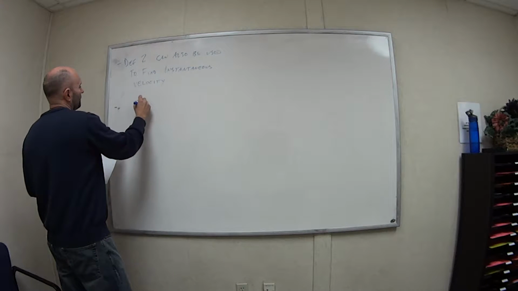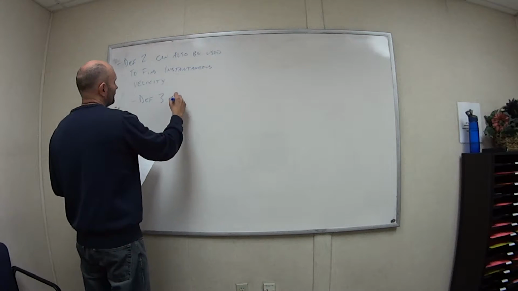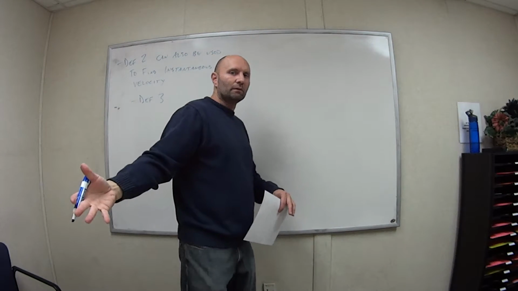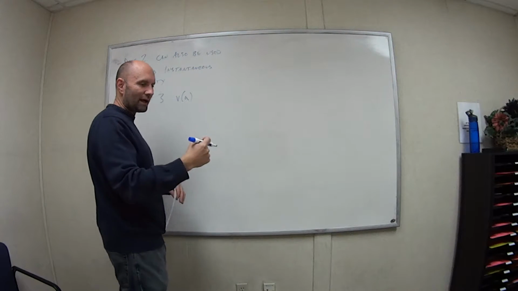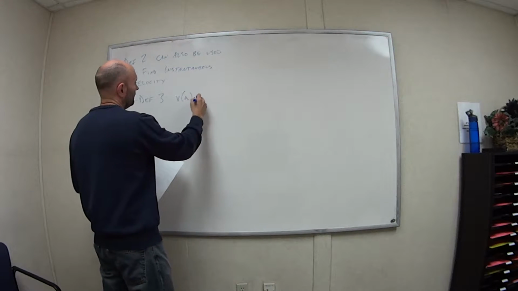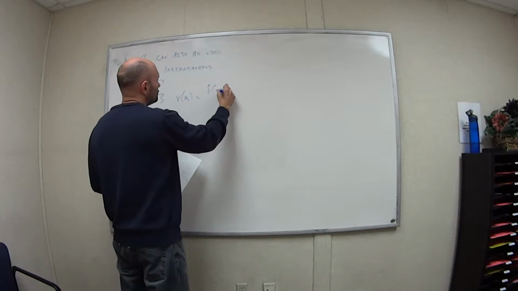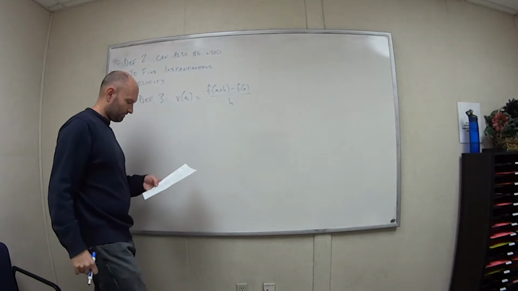And so this gives us definition 3. And it's basically just saying, instead of saying m is equal to that whole thing, it is saying v of a. So velocity at that point in time a is the same thing: f of a plus h minus f of a all over h.